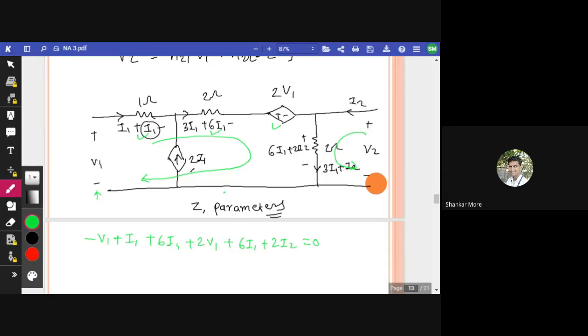I hope you all are trying, is it? Those who are trying, keep trying. Now this is V1, this is 2V1, so it will be only V1. I1 plus 6 I1 plus 6 I1, 6 plus 6 is 12, 12 plus 1 is 13, so 13 I1 plus 2 I2 is equal to 0.